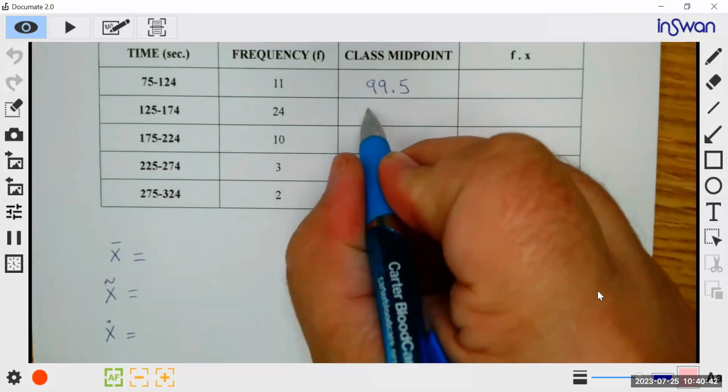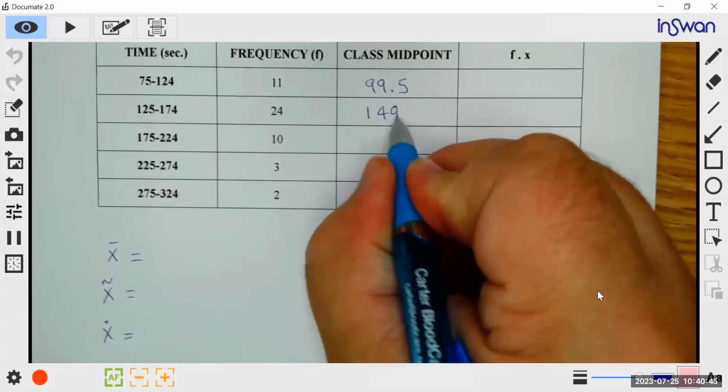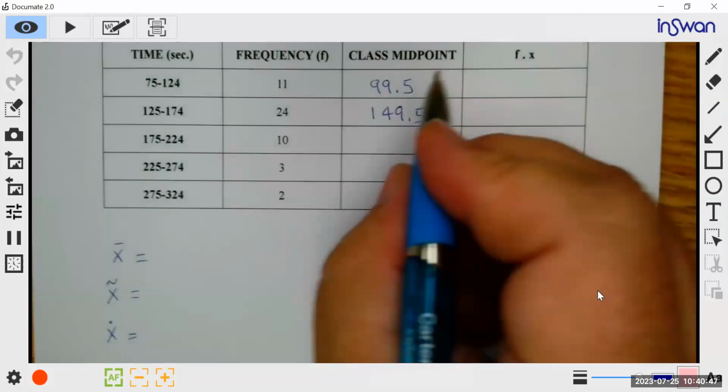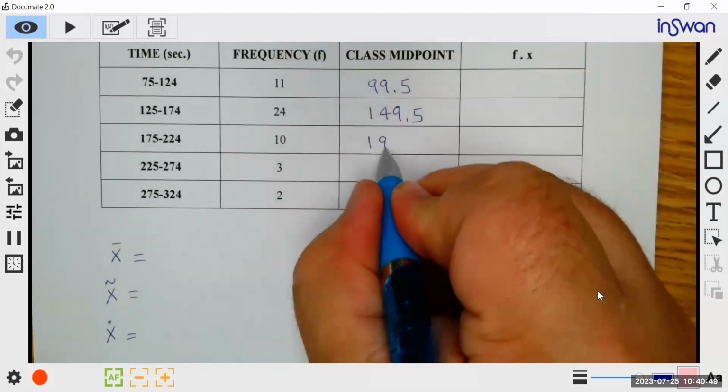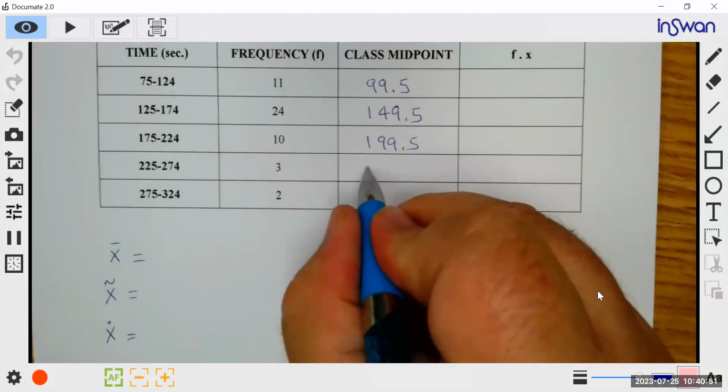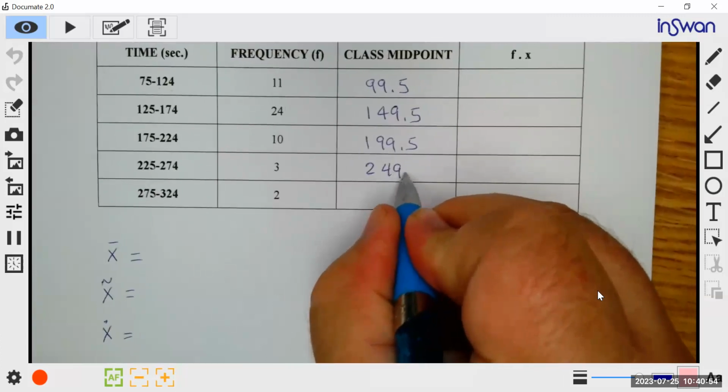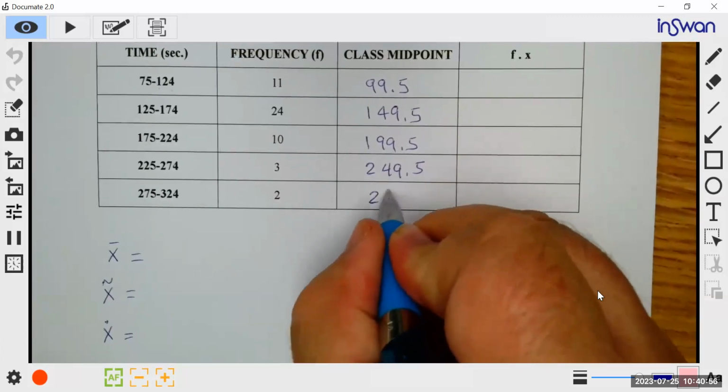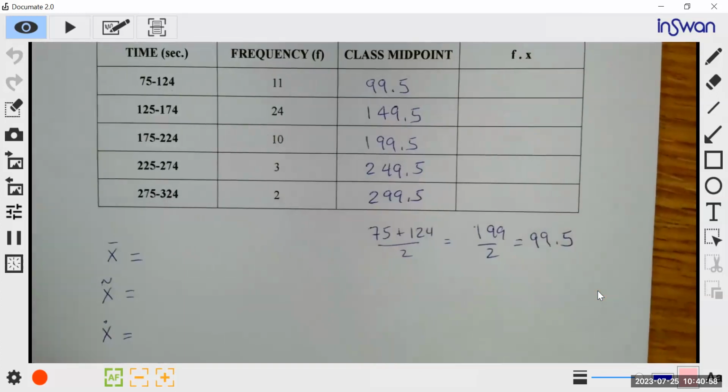The next one will be 149.5. The next one is 199.5. 249.5 and 299.5. How did I know those values?